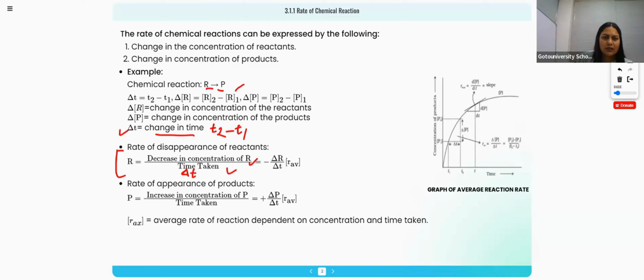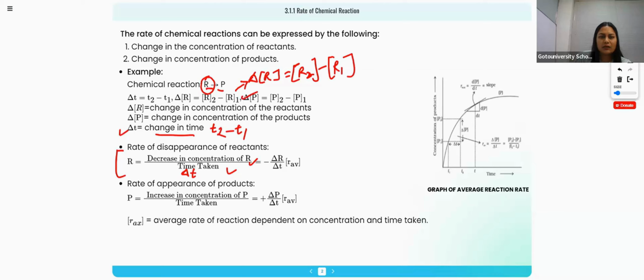For the change in concentration of reactant, delta represents change and square bracket represents concentration. To calculate the change in the concentration of reactant, it will be the final molar concentration of reactant minus the initial molar concentration of reactant.